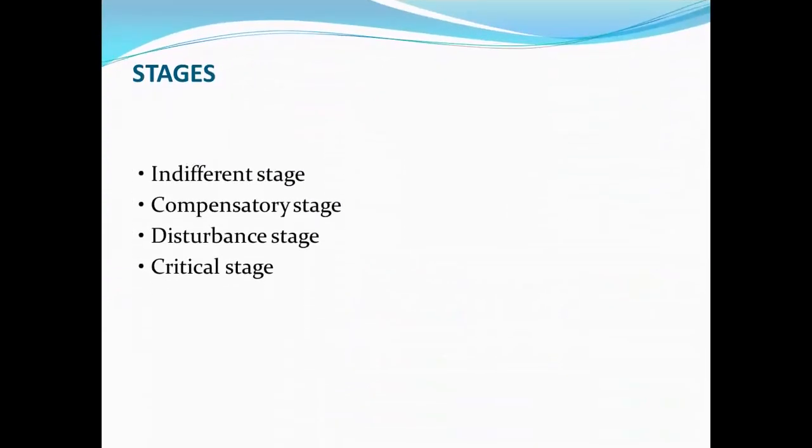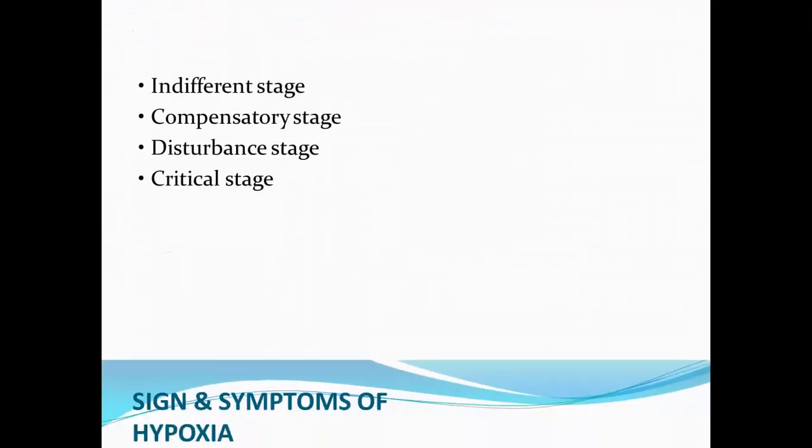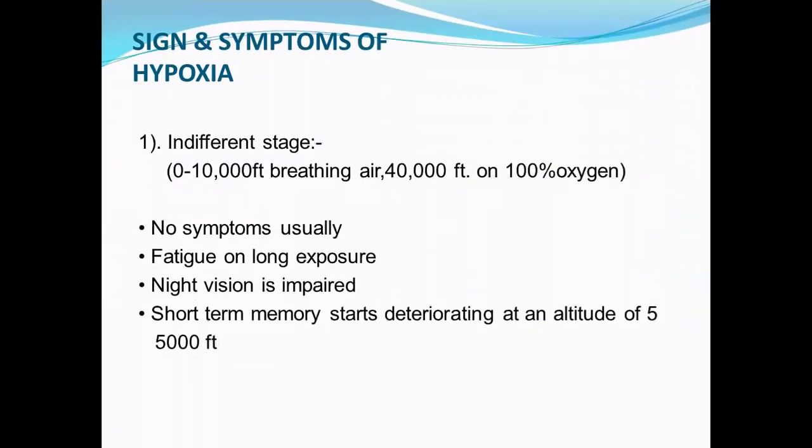Now, how do these show clinical features? Commonly in all these types of hypoxia, the patient goes through four stages. The first is the indifferent stage, second is compensatory, third is disturbance stage, and the fourth is critical stage. Now, what are the signs and symptoms of these?